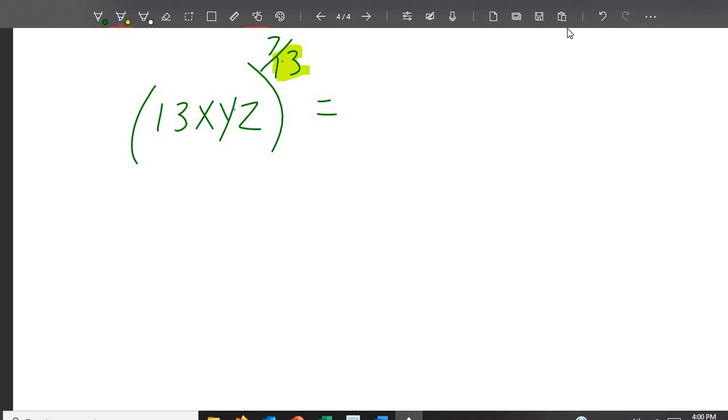So if I gave you, if I said let's take 13xyz raised to the 7/13th power. Remember, that's the root symbol. So we would put a 13th root. Underneath, I would put the 13, the x, y, the z.